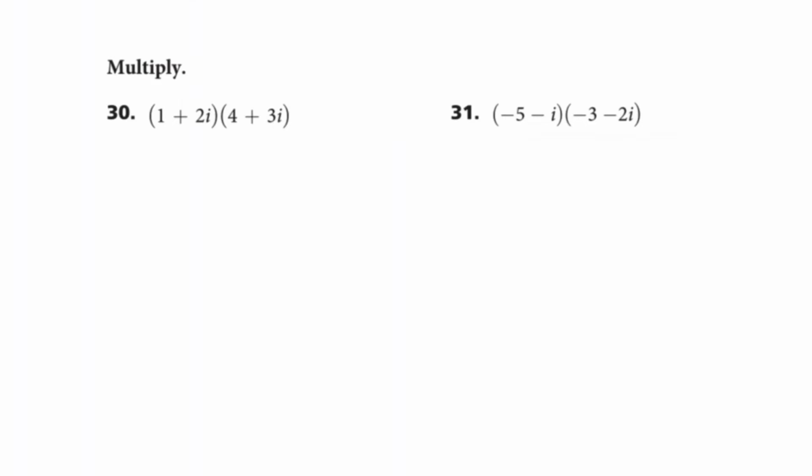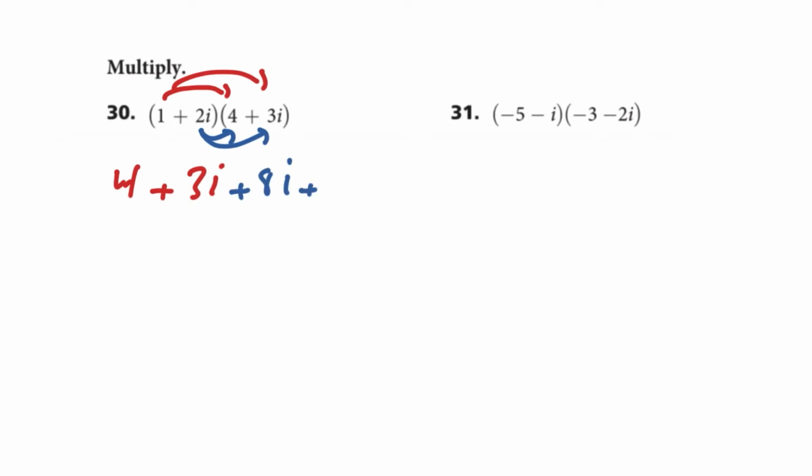Multiplying complex numbers, I'm gonna do FOIL or the butterfly. So 1 multiplied by 4 is 4, plus 1 times 3i is 3i. 2i multiplied by 4 is plus 8i. 2 times 3, 6. i times i is i square.